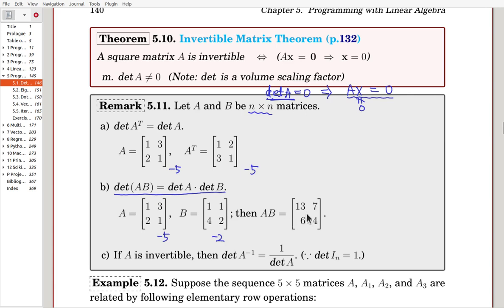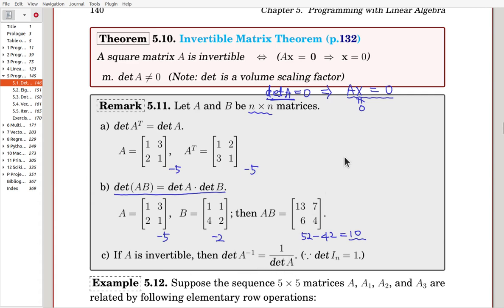Now AB, AD minus BC, that is 5 times 2 minus 4 times 2, which is 10. So you can easily see minus 5 times minus 2 is 10. Right? Now, if A is invertible, then the determinant of A inverse is 1 over the determinant of A.